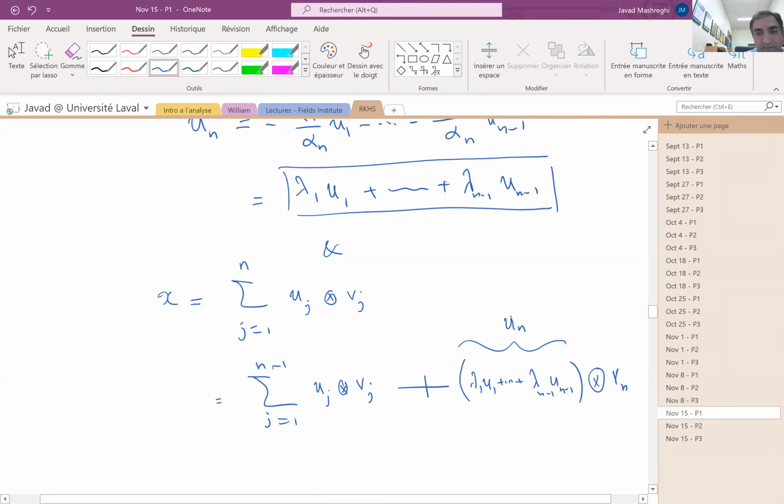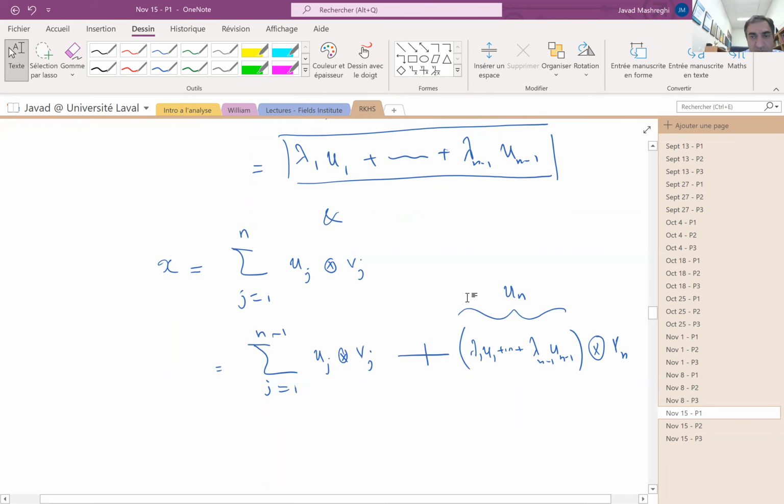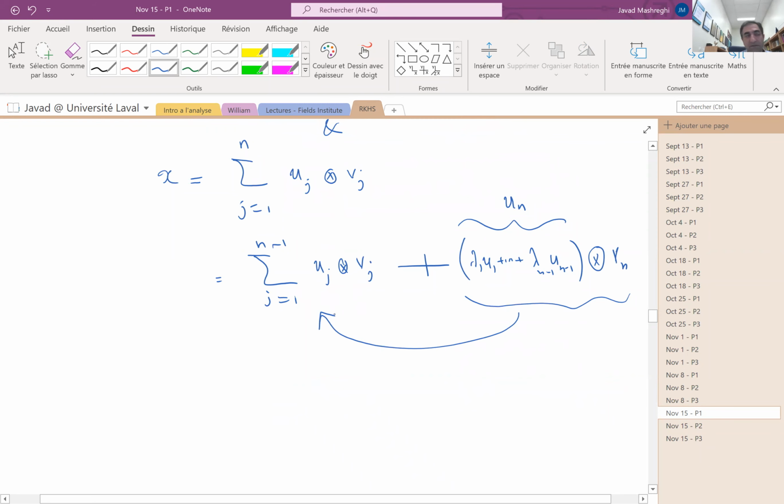This is my un. True, I just replaced un by the linear combination of u1 up to un minus 1. And now I try to absorb this term inside the previous terms by the rules that we know hold by now.